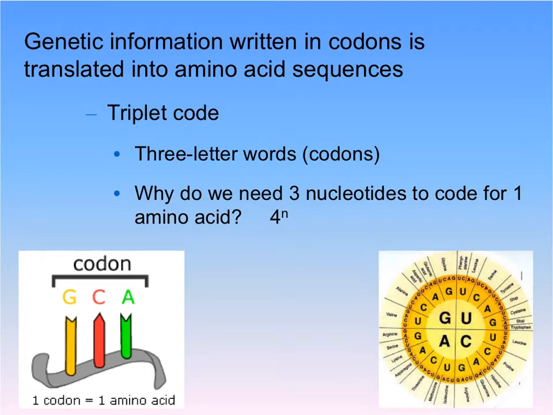Just a quick refresher from genetics. You guys know that DNA and RNA are collectively called nucleic acids, and they use complementary base pairing. So adenine would always base pair to thymine with weak hydrogen bonds, and cytosine would always base pair to guanine.